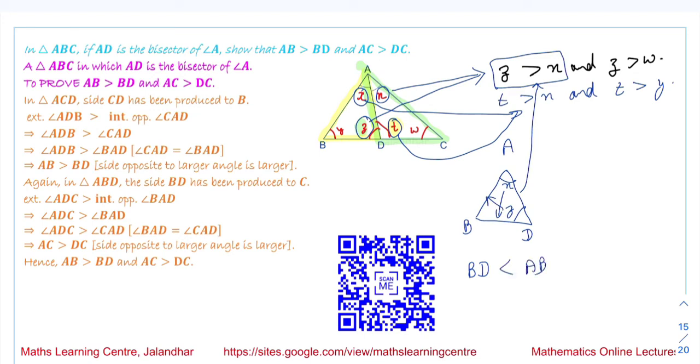So we get that BD is less than AB. This is the first part that we have to prove.